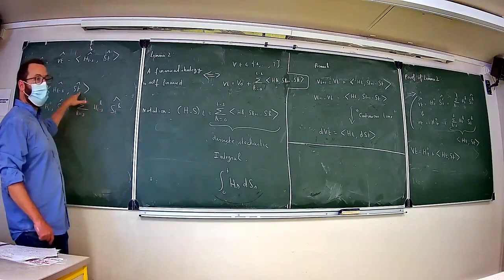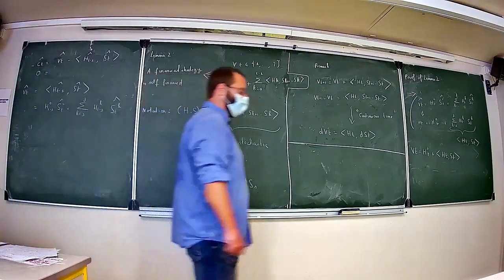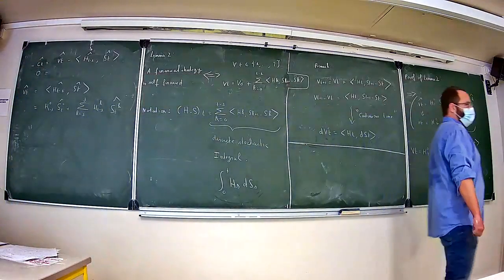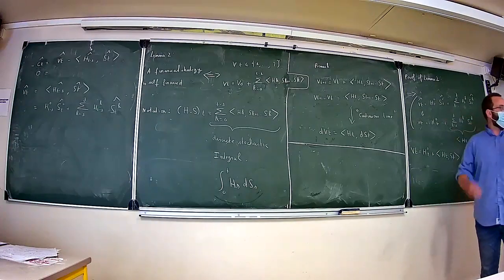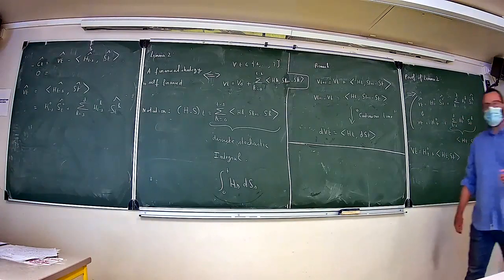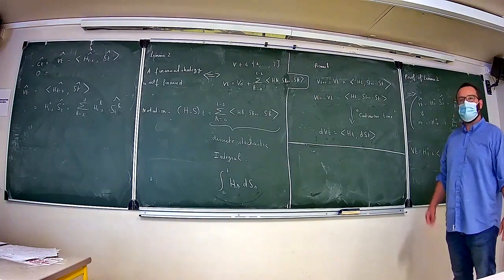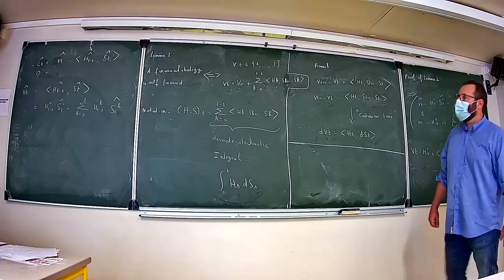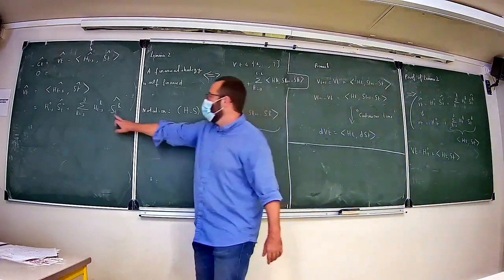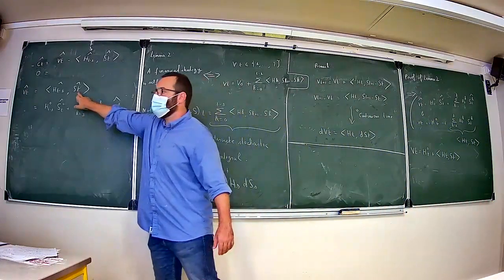It's St here, not St minus 1. So if you have some remark, tell me, okay? I am on the board, sometimes I can make misprints, it's natural, because I have a big board and I am a few centimeters away. So here it's a t, not a t minus 1.